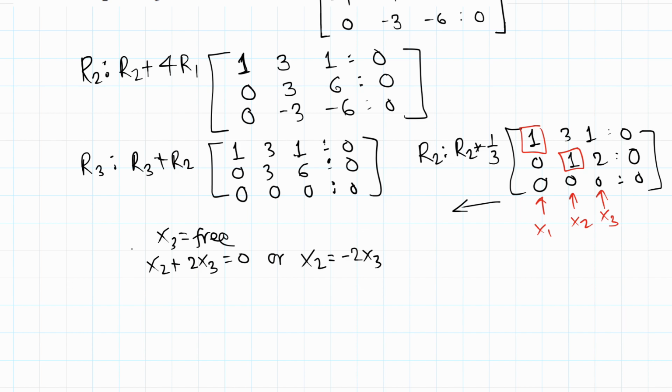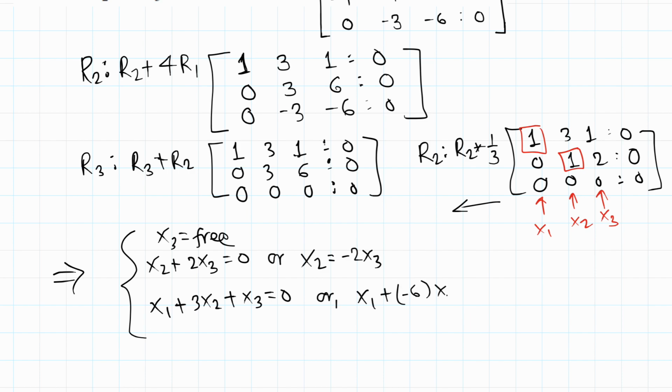From the first row we have 1 x1 plus 3 x2 plus x3 equals 0. x2 is -2 x3, so x1 plus 3 times -2 x3, 3 times 2 is -6 x3, plus x3 equals 0.